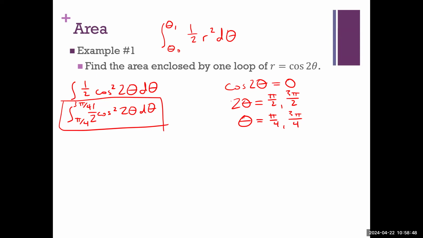I don't believe so. If you have cosine theta, I would start at pi over 2 and go to 3 pi over 2, like a circle here. Are you sure this is a circle though? I'm not sure it's a circle at all. Are you sure it's a circle?